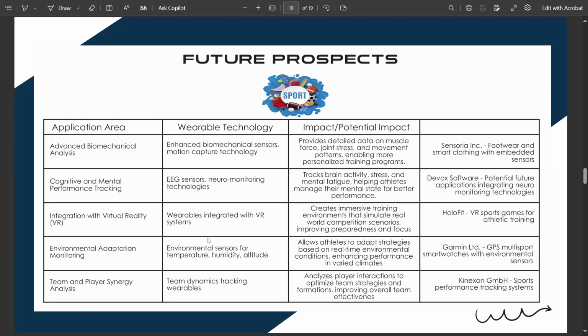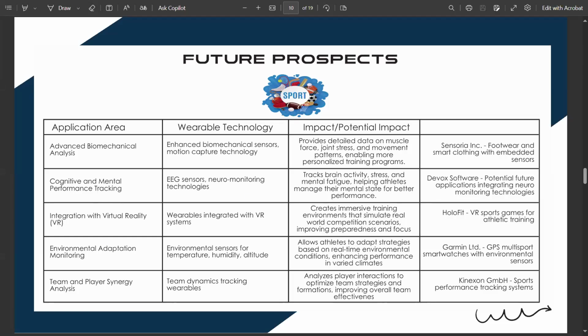The advanced biomechanical analysis, as we just saw, senses biomechanical responses from the body, and this can be used to provide detailed data on muscle forces, joint stress, and movement patterns, so athletes can optimize their movements.